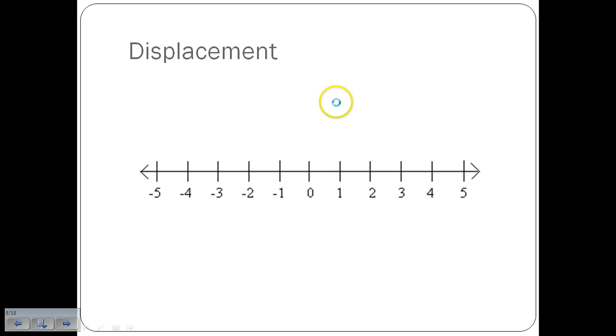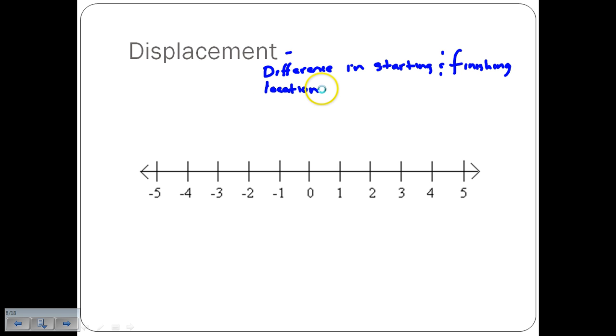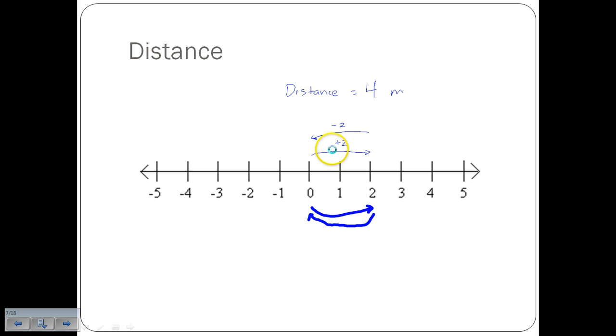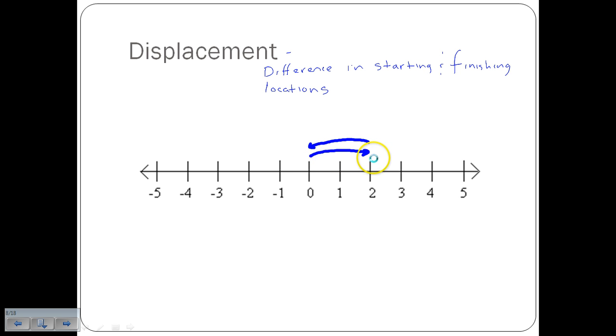But then we talk about this idea of displacement, which is the difference in the starting and the finishing locations. So if I go from 0 to 2, and then I go back from 2 to 0, I traveled 4 meters of distance, but my displacement is the difference between the starting and the finishing location.